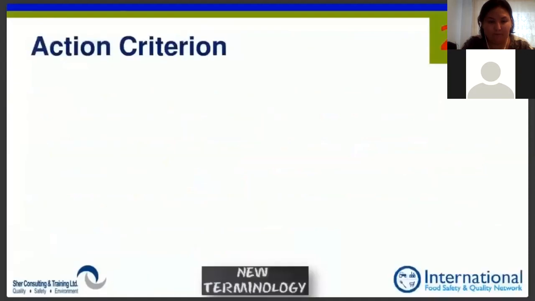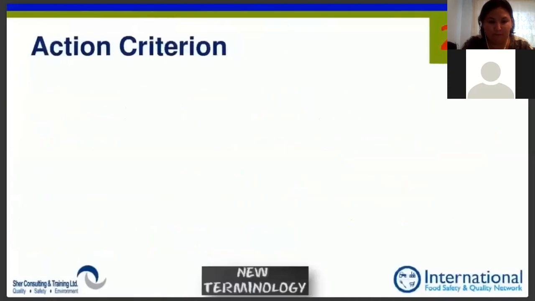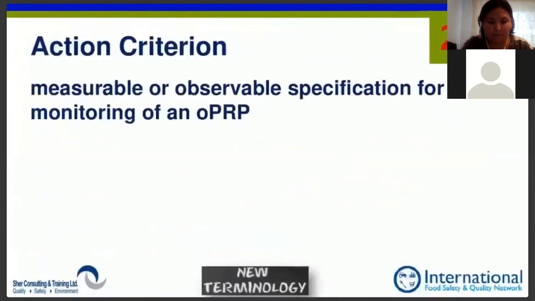Oh, sorry, I owe you an explanation for this. This new term, action criterion, has been introduced in 2018. It replaces the critical limit for OPRPs. Because OPRPs don't necessarily have a measurement, then they get an action criterion. It's a new term. It's the same thing as a critical limit. It means a measurable or observable specification for the monitoring of an OPRP.